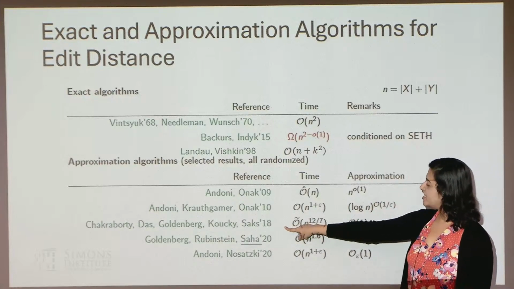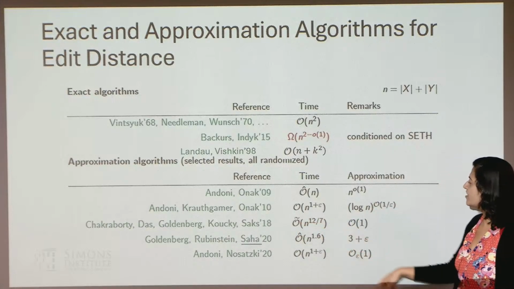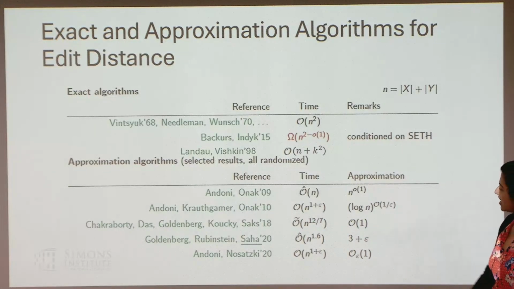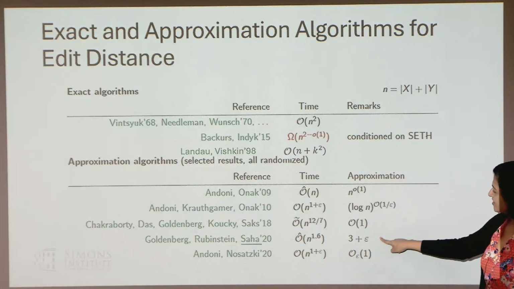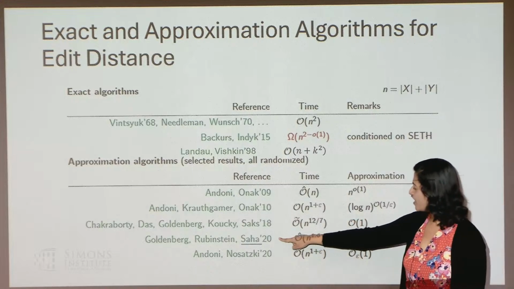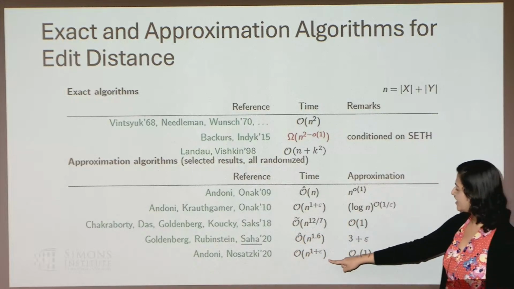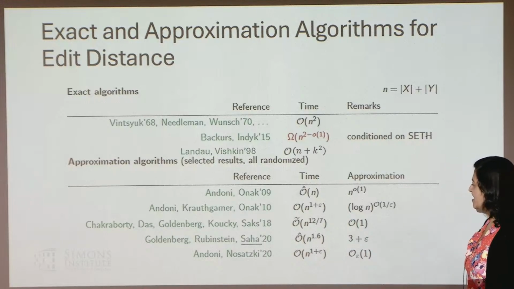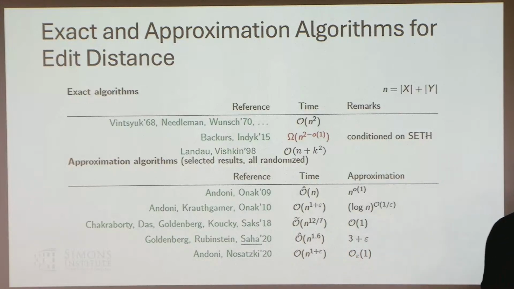Then in 2018, we have a subquadratic algorithm which gives a constant factor approximation. The best approximation factor is 3 plus epsilon. It's from one of my works. And then Andoni and Nosatzki's result from 2020 gives a near linear running time and constant approximation factor. So this is the state of the art for approximating edit distance.